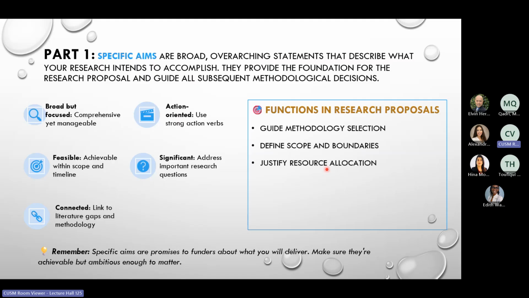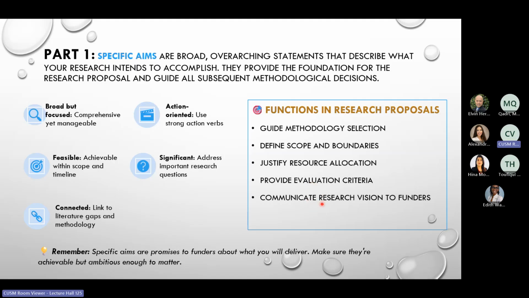It helps you identify those and collect those pieces of resources. Next, they provide evaluation criteria. Depending on the data that you collect based on the items that you've identified in your specific aims, it provides evaluation criteria and assessment and data collection opportunities.